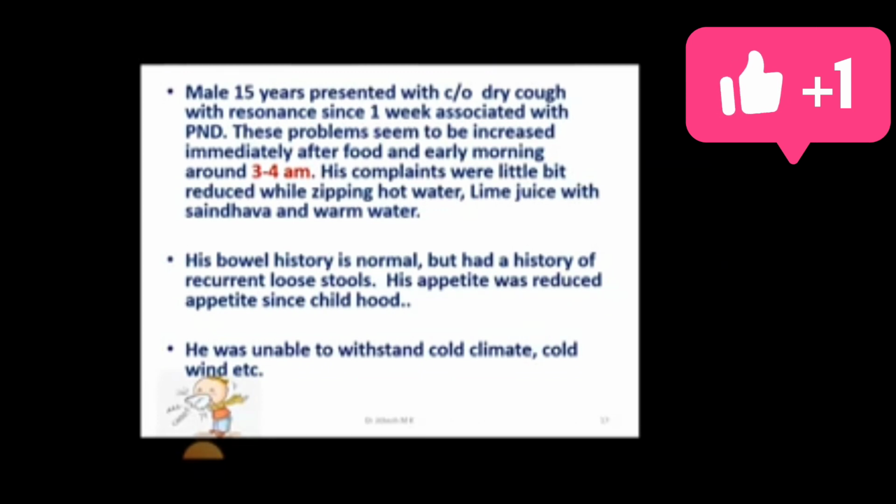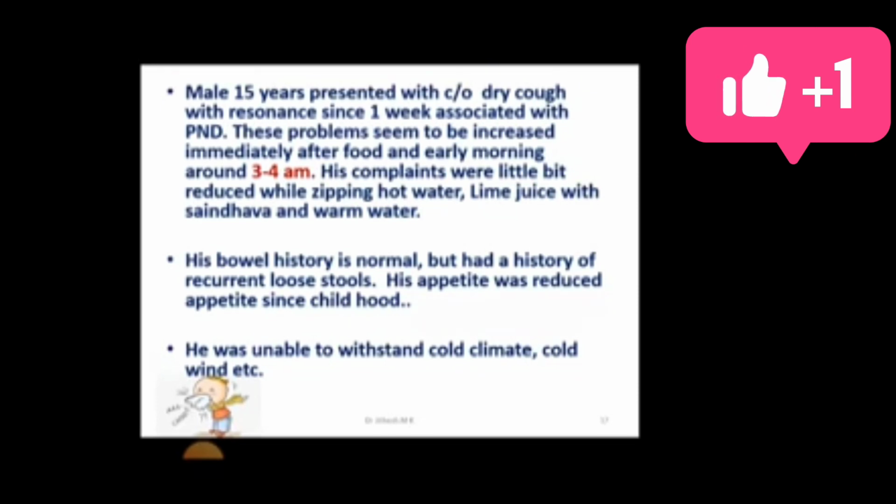The boy explains that, yes, I get an increase of cough, and most of the time, he explained, I get awakened at 2 or 3 o'clock because of the increased cough.